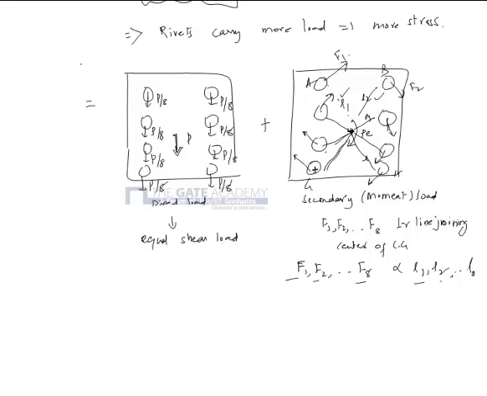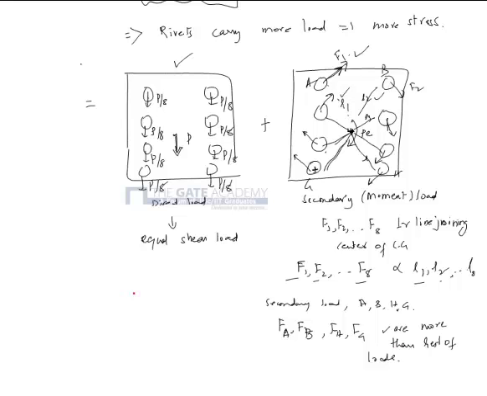So the secondary load magnitude will be more on A, B, H and G. Now let's combine this direct load plus secondary load. So you can see that F1, F2, well, let's call them FA, FB, FH and FG, are more than the rest of the loads.